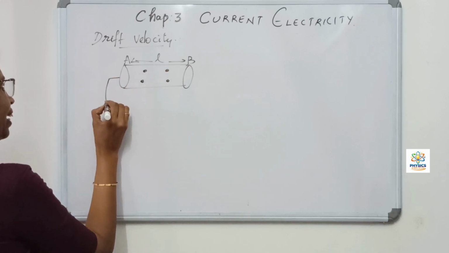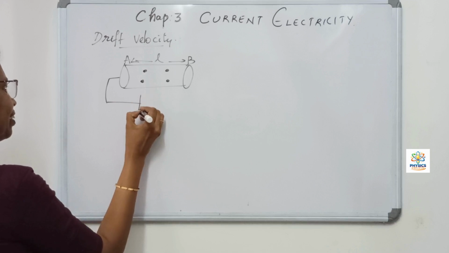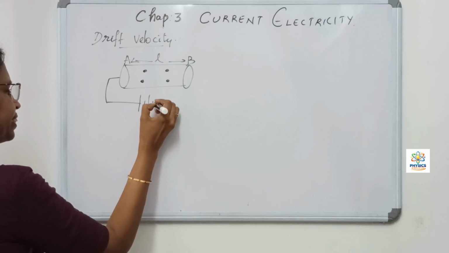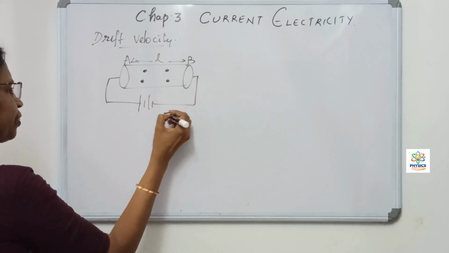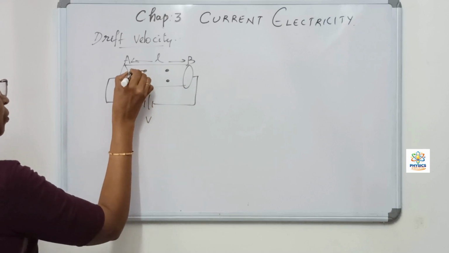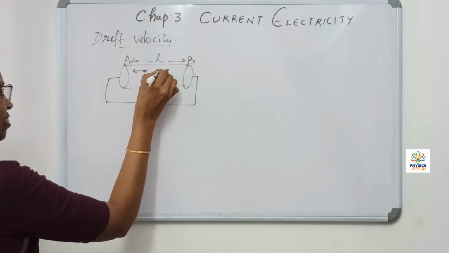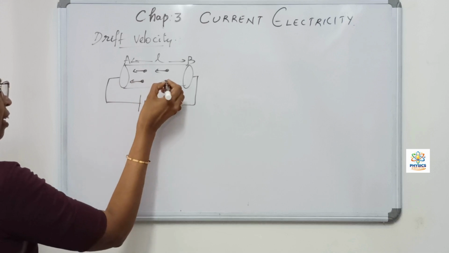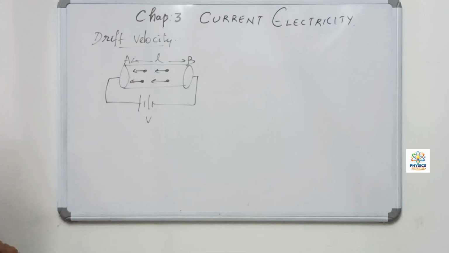When we apply an external electric field to this metallic conductor, the electrons will start to move from the end B to A. The reason is the electrons are negatively charged, so they will start to move towards the positive terminal.